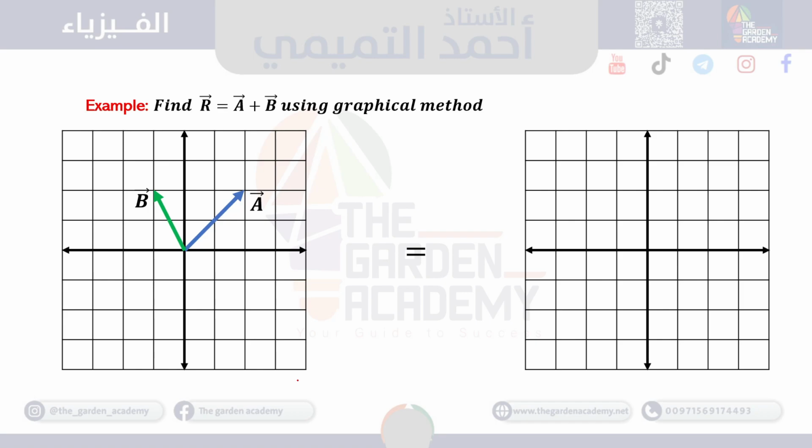So as we can see here, we have A and we have B. Let's start with A. First of all, we draw A as is in the given direction. Then we move B from its tail to the head of A. But we have to keep the same direction and the same length. So what happens now?